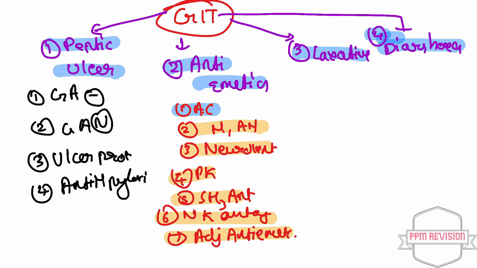Now I'll just read this again. That is gastric acid inhibitors. This is under peptic ulcer: gastric acid inhibitors, neutralizers, and then ulcer protective and anti-H. pylori. Now moving on to the third category.